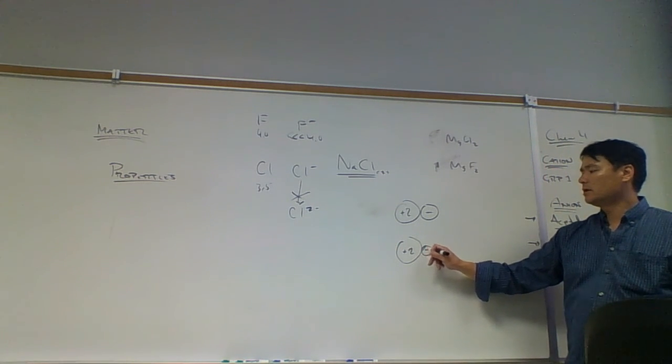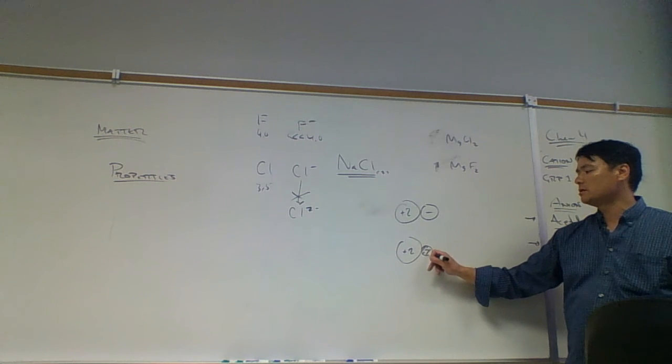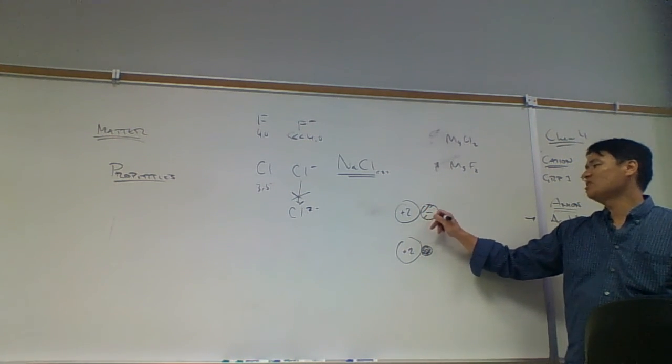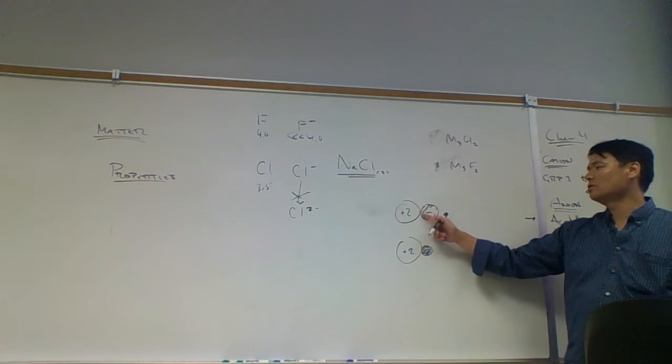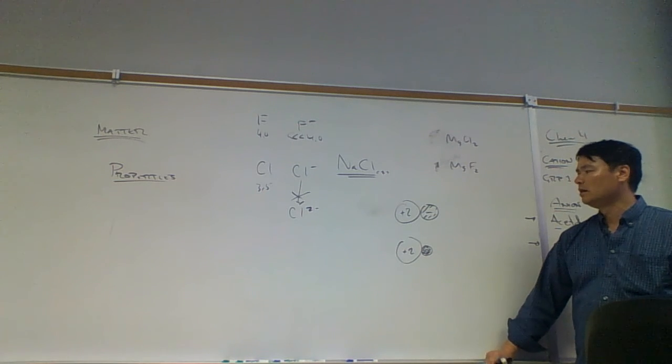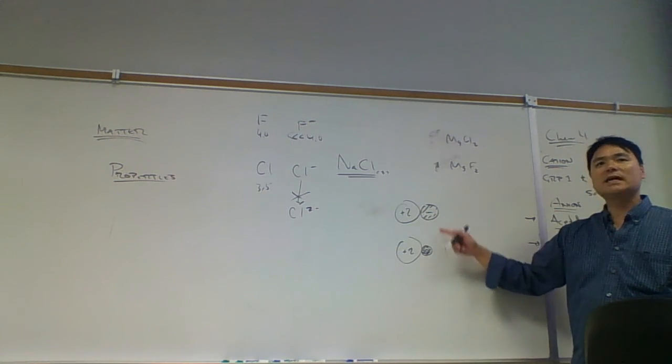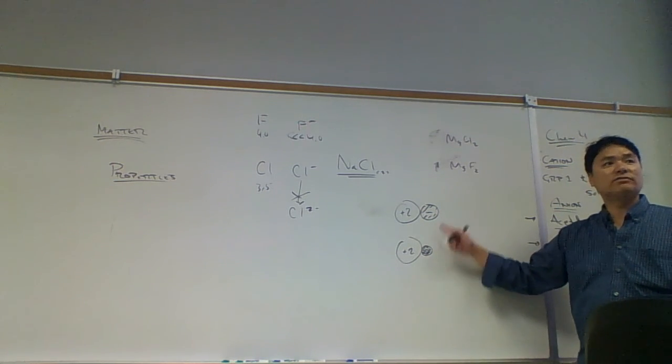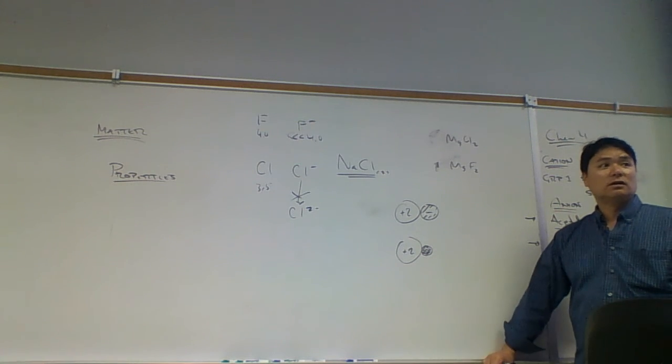And so when we look at this, if you have a -1 spread out over a larger sphere versus a -1 spread out over a smaller sphere, they both have the same charge, but they have different charge densities.